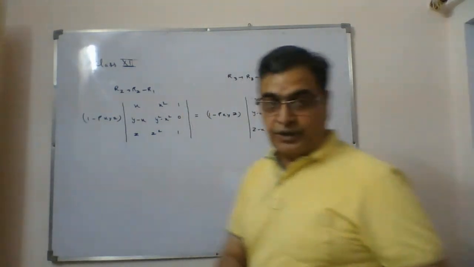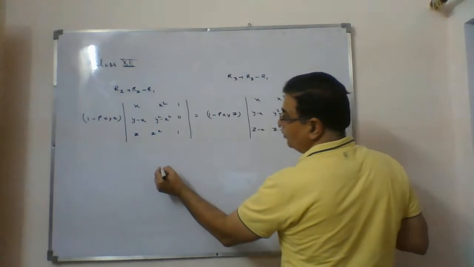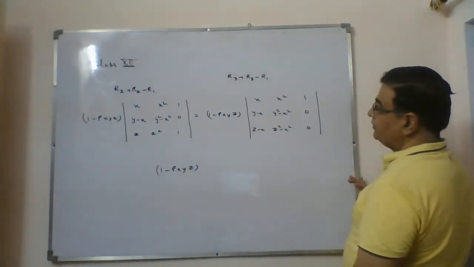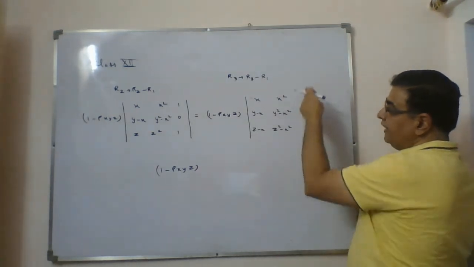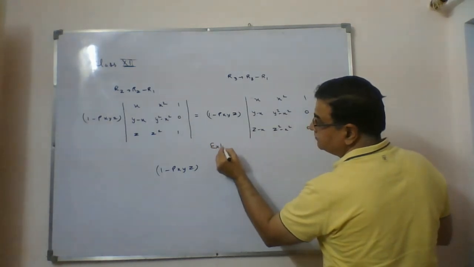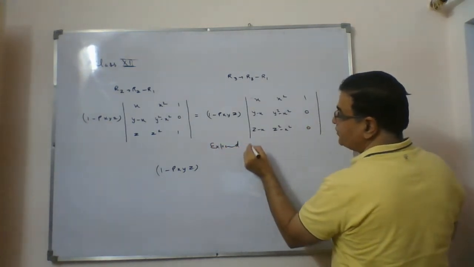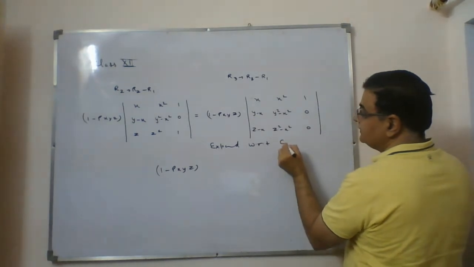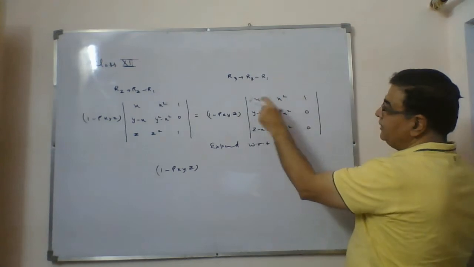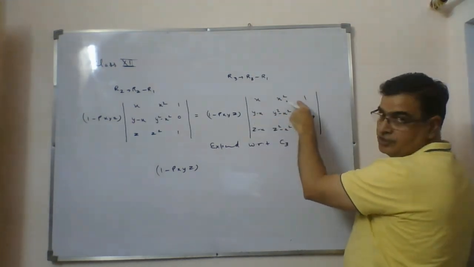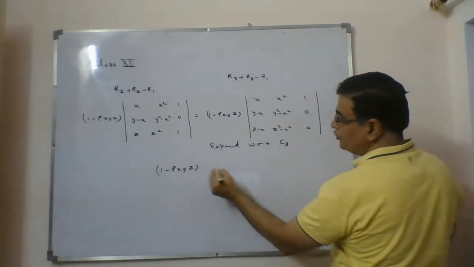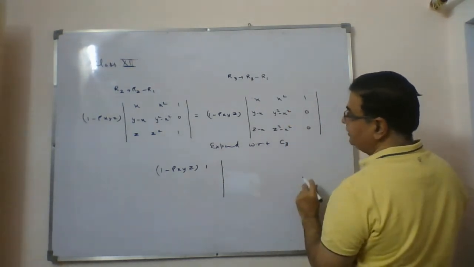Now we'll solve it further. 1 minus pxyz, and this time we expand with respect to column 3. Expand with respect to C3. So 1 into its cofactor. This element will be what? 1, 3, 4, so it will be a plus sign. So 1 into its cofactor.